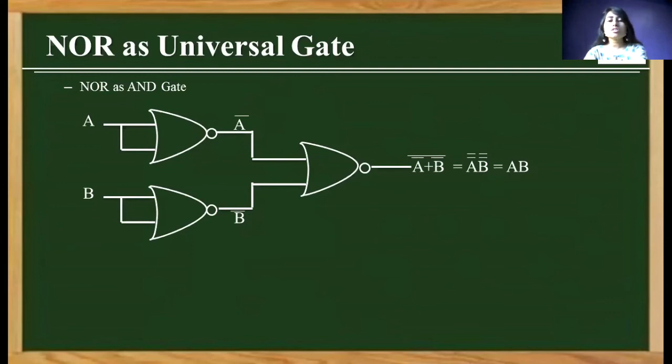And inversion of any number twice gives the original number, so A dash dash dot B dash dash, we have AB. Using De Morgan's law, we can simplify this operation, and this is how we can implement an AND gate using a NOR gate.